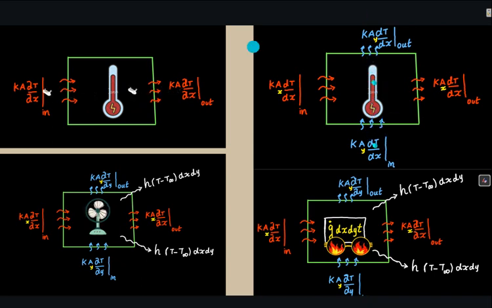Let us concentrate on the heat that is coming in along the x direction. The heat that is coming in along the x direction is proportional to the cross-sectional area. What is the cross-sectional area, by the way? It is the height, which is dy, and the depth, which is the thickness, right?